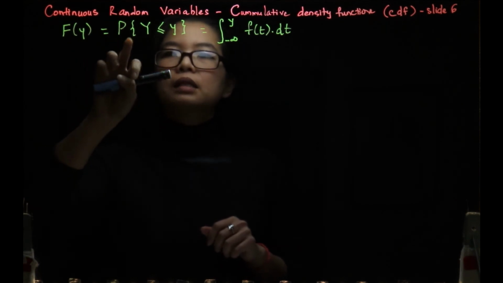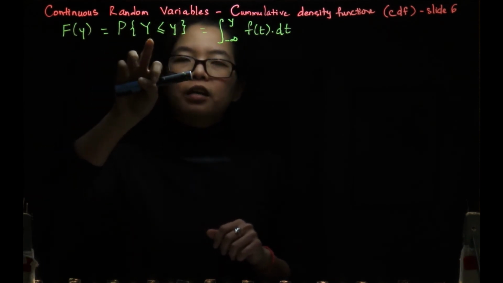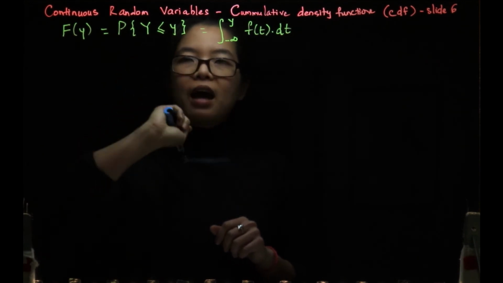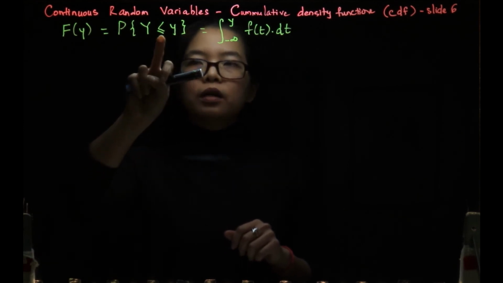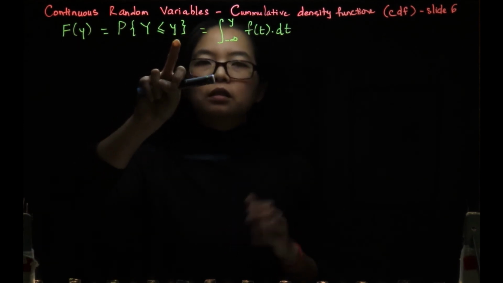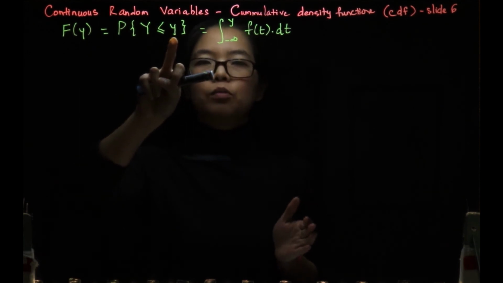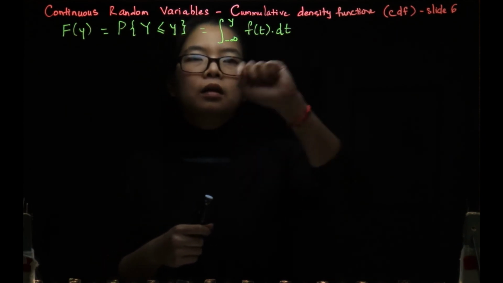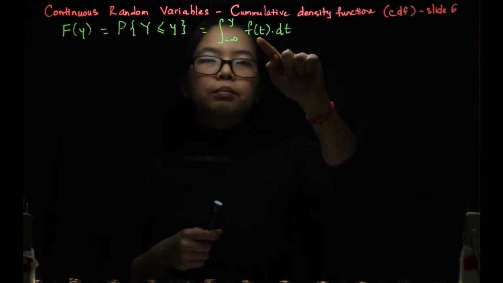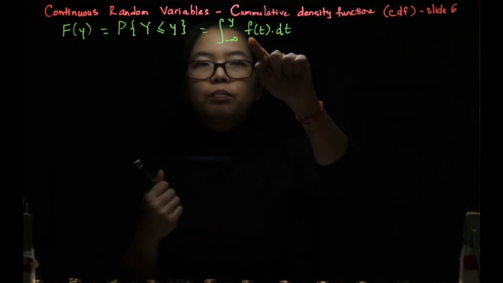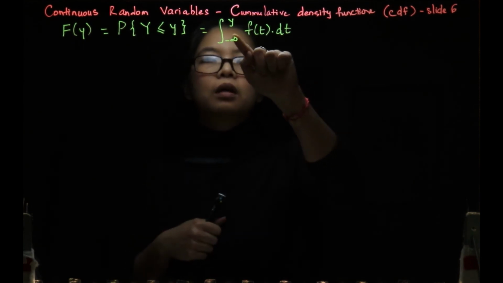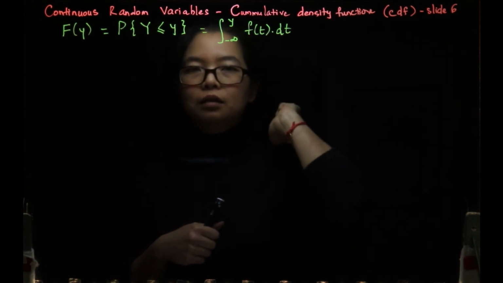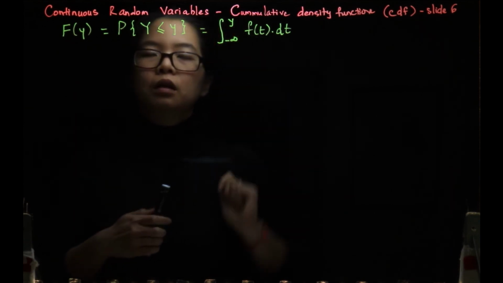It means the probability that your random variable, the capital Y, takes a value smaller or equal to a certain point, here, the small y. And it's the integral of the probability density function, as before denoted as the small f, of the distribution from minus infinity up to the point small y.